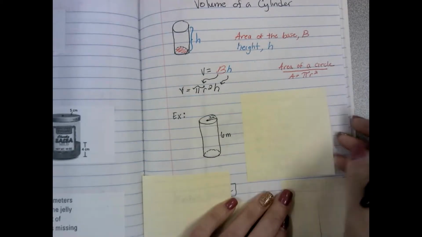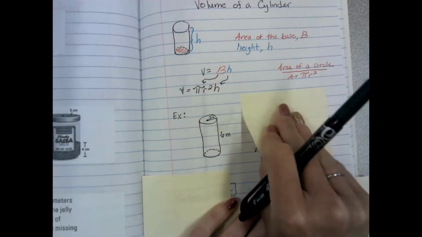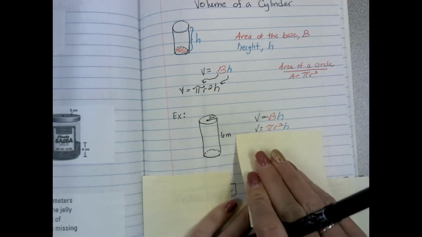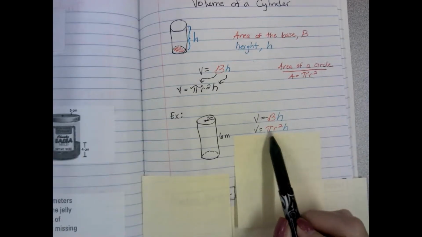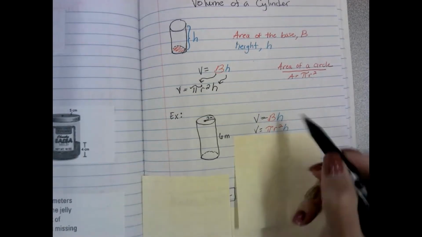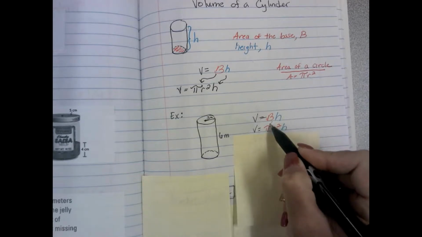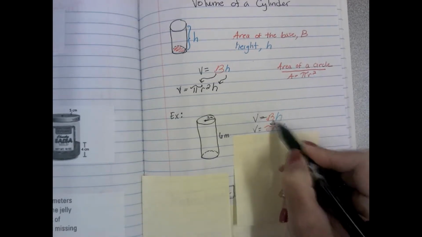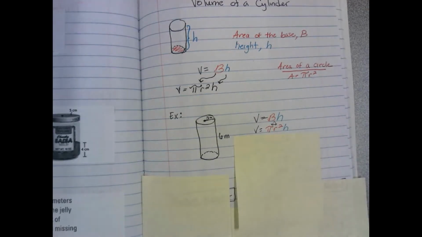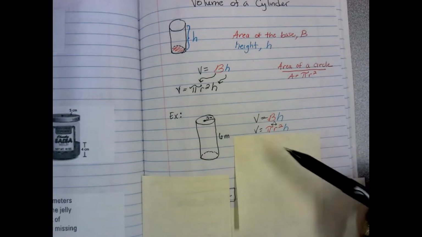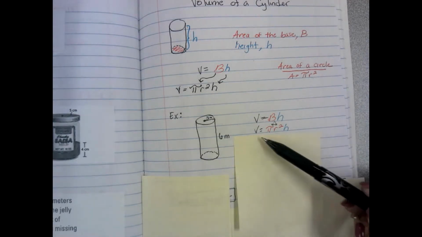The first thing we're always going to do is write down the formula. So volume of a cylinder is pi r squared times height. You can see we have the area of the base times height. And then we're going to plug in what we know.